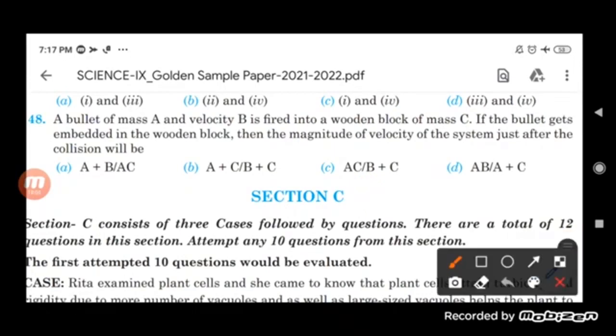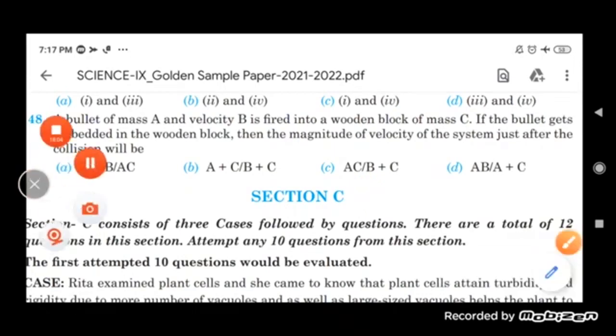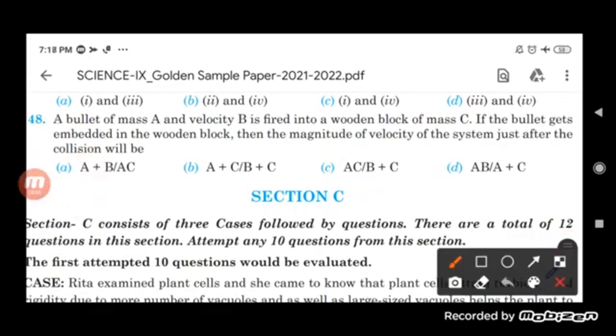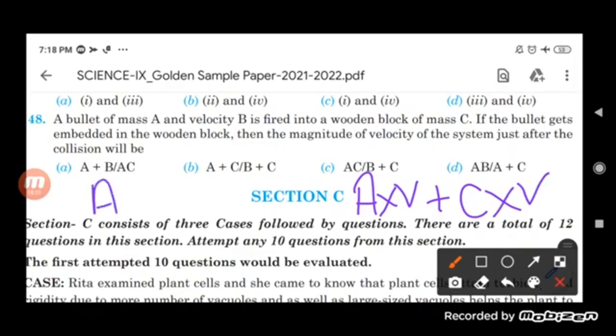The velocity got changed, but the mass remains the same. So the mass of the bullet, A into V, plus the mass of the wooden block, C into V. Or we can write it in an easier form, A plus C into V. Now what will be the equation?